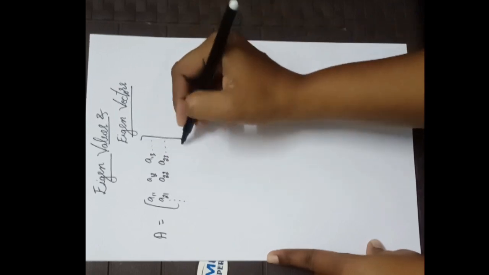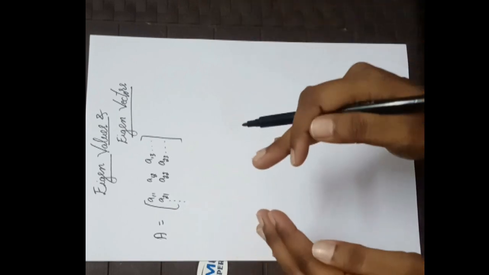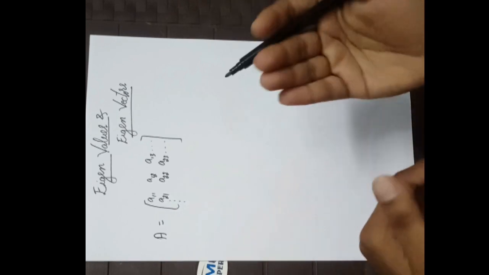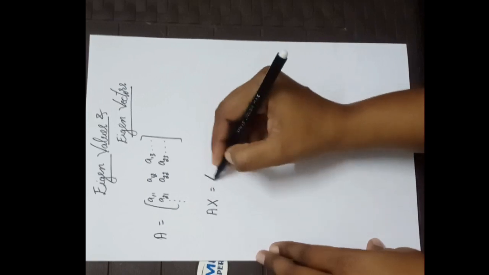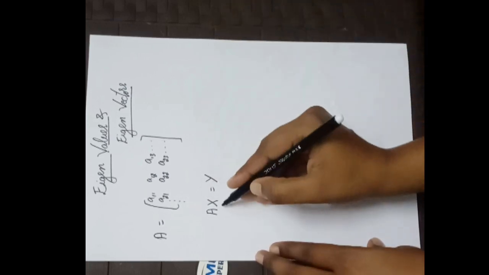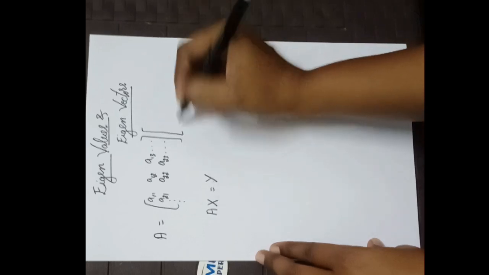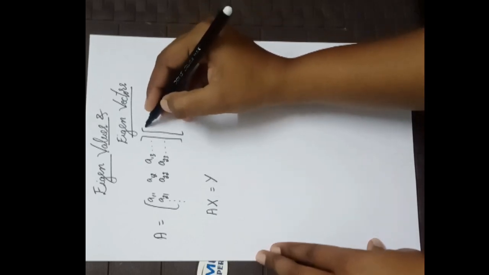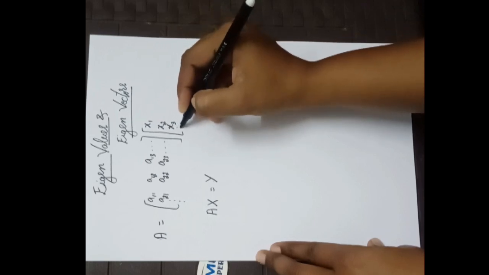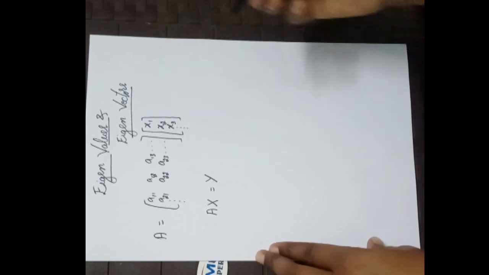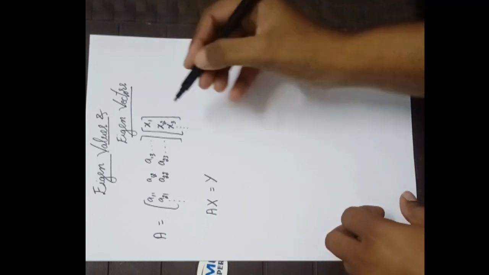We can express this as Ax is equal to Y. What is this X? Let us take X as a column matrix. I hope you know about a column matrix, which means it has only one column. So we call this a column matrix.